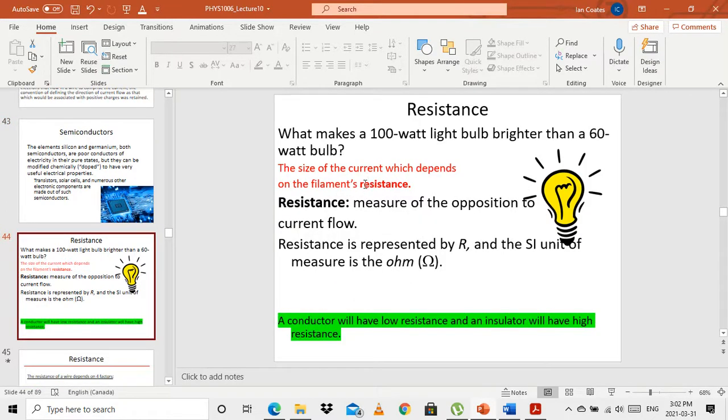Resistance. What makes a 100-watt light bulb brighter than a 60-watt light bulb? What is the difference? It's the size of the current. That's all it is. And this depends on the filament's resistance. So you see that filament there, that metal alloy strip that's in your old school light bulb.